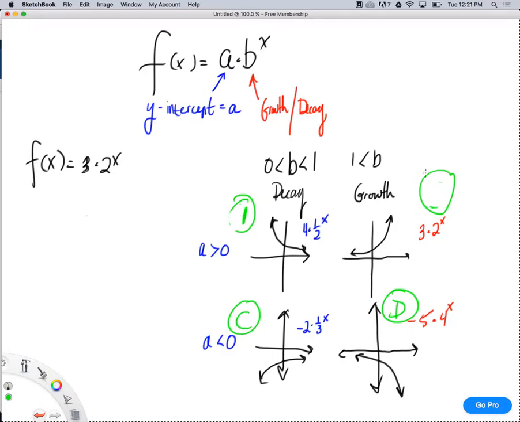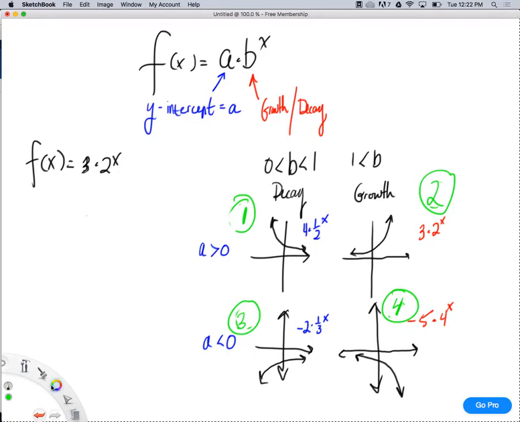This will be fun. Okay, so this one, 3 times 2 to the x, corresponds to this one here, graph number 2, right? You guys see that? It's positive and it's growth. So what I'm going to say is, which graph does this correspond to, 1 through 4? And everyone's going to raise their hand and you hold up a 2. Okay, so let's try it. So what graph does this correspond to? Go ahead. Nice. 2. Good.